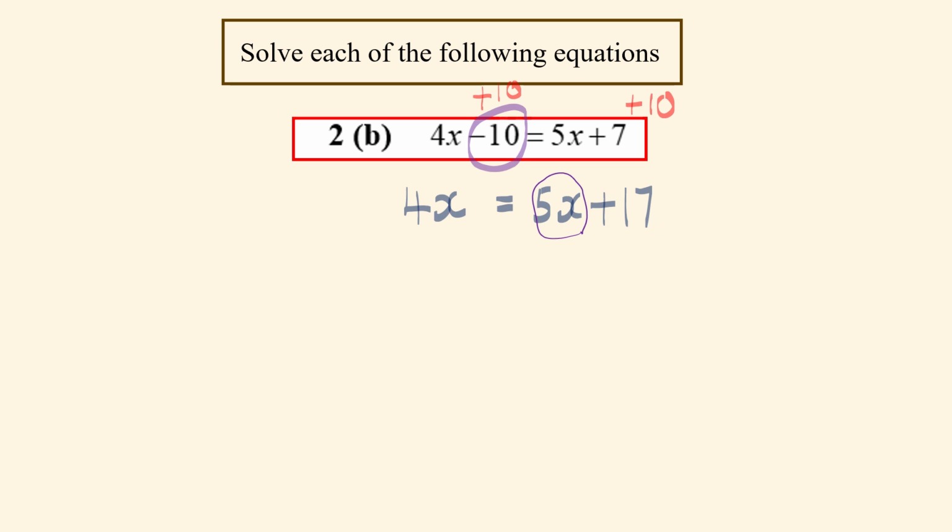So you have to bring the friends on the right-hand side over. 5x means positive 5x, so we do the opposite of it. We minus 5x on both sides.